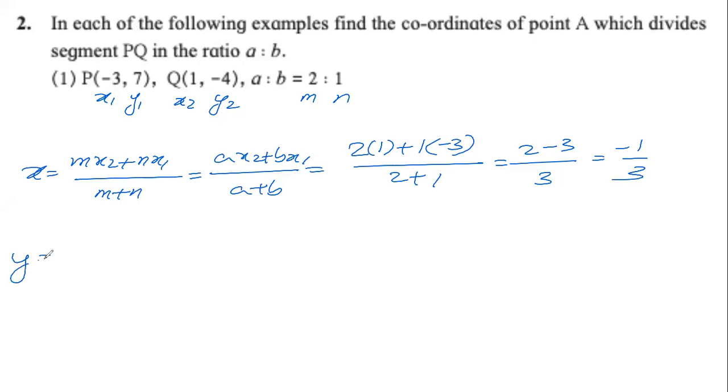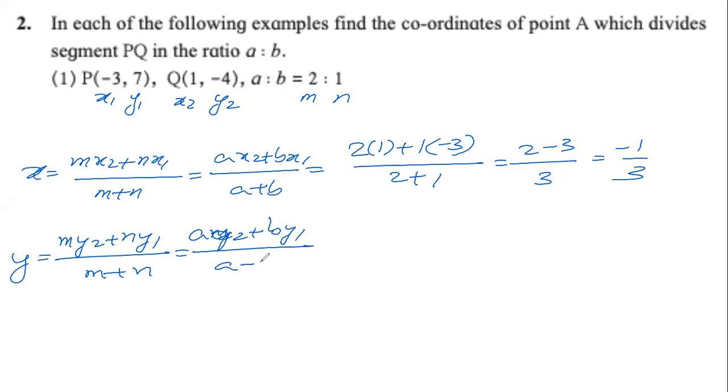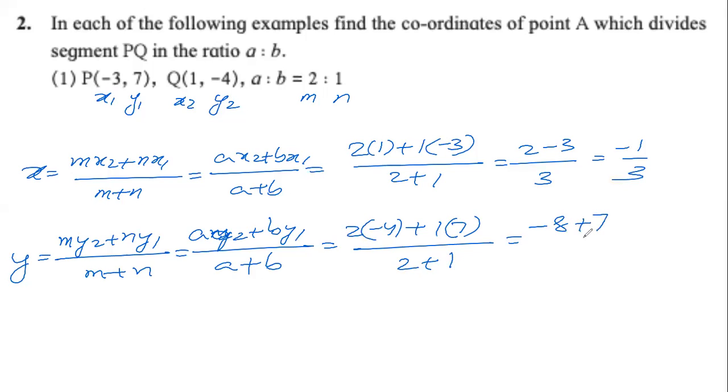Similarly, if we have to find y, the general formula is my2 plus ny1 by m plus n. We can also write it as ay2 plus by1 divided by a plus b, which will be 2 into minus 4 plus 1 into 7 divided by 2 plus 1. 2 into minus 4 is minus 8. 1 into 7 is 7.